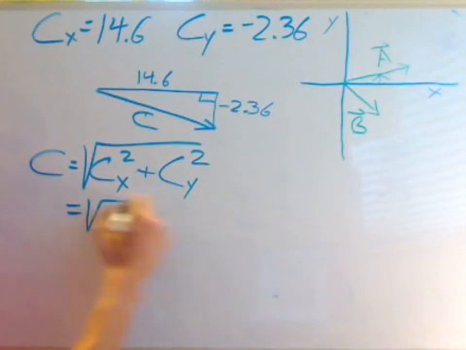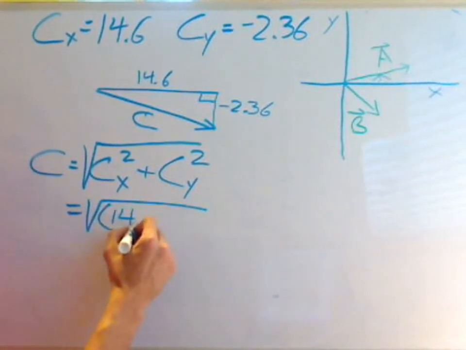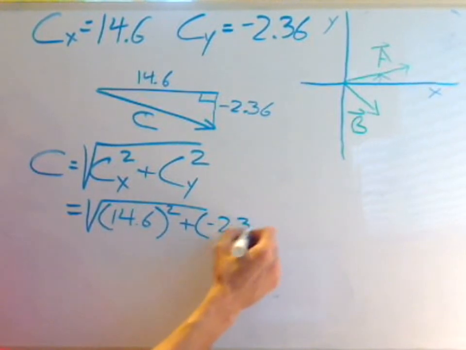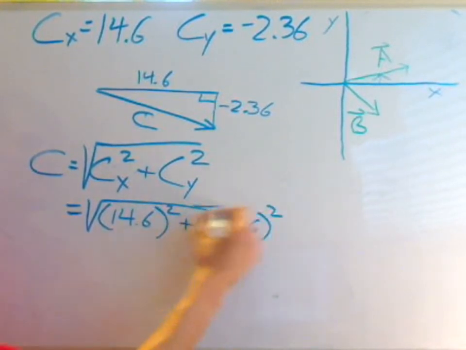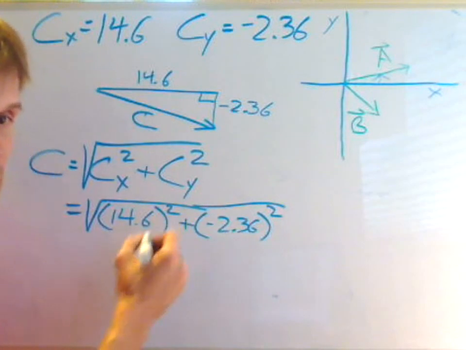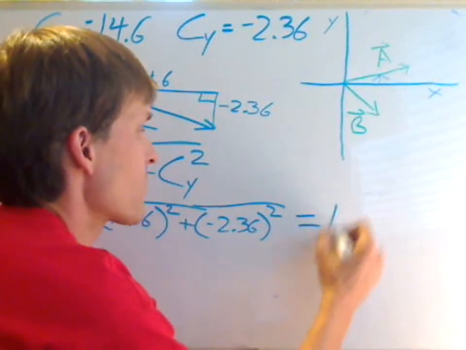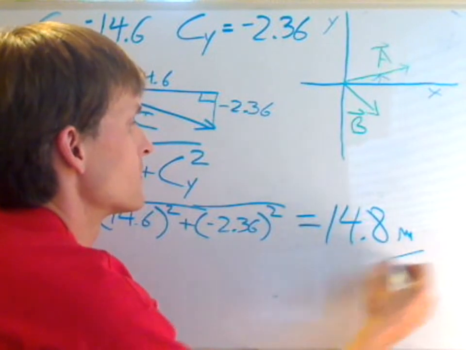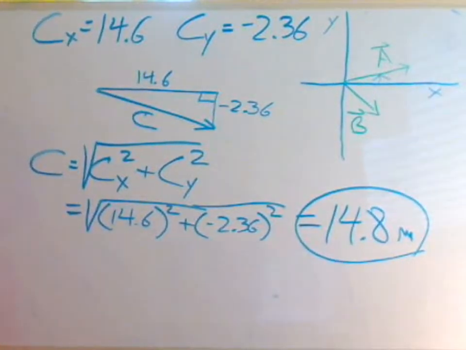That's the square root of 14.6 squared plus negative 2.36 squared. And what you get when you do this arithmetic is 14.8 meters. So there's our magnitude. That's the length of our vector.